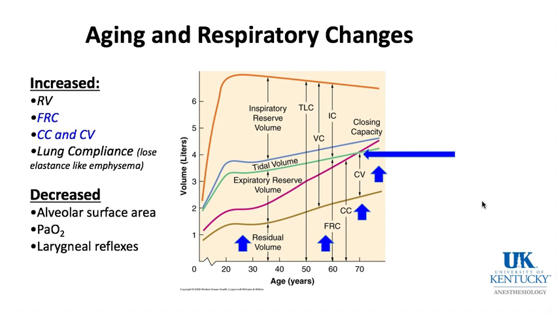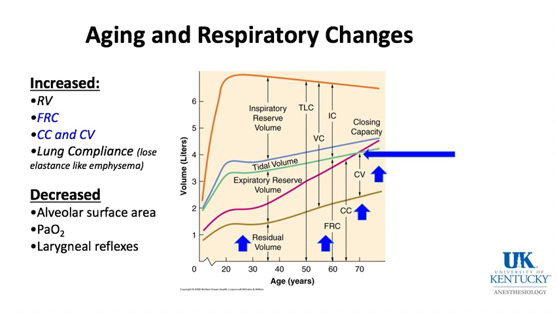So things that are increased: residual volume, that's trapped air in the lung; FRC; closing capacity; and the lung compliance itself. The lung of the elderly starts to act like a rubber band that doesn't want to snap back. It's like an emphysematous lung. It's a boggy lung, and instead of inflating and then going back to a small volume, it is very compliant and does not want to snap back to a small volume, so there's a high FRC.